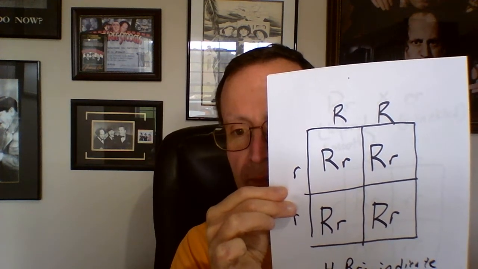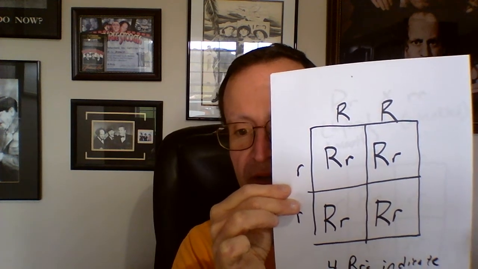And because you have 2 small r's on each side, you're going to bring those across on each side as well. And when you do that, look at what you end up with. You end up with 4 dominant hybrid smooth pea plants, or 100%. Now, you don't have any purebreds in here, you don't have any recessives. When you cross those 2 together, that's what it looks like.